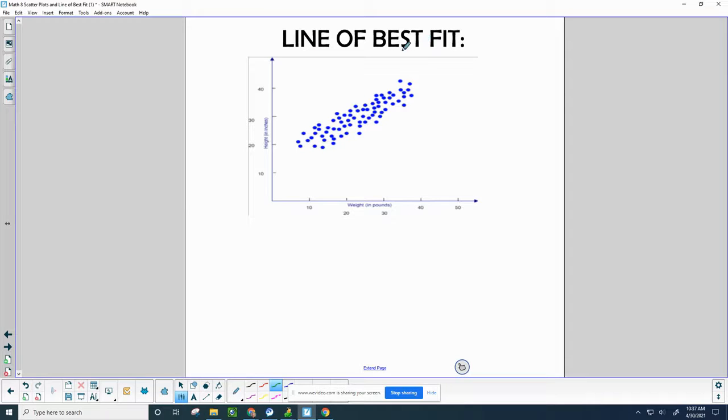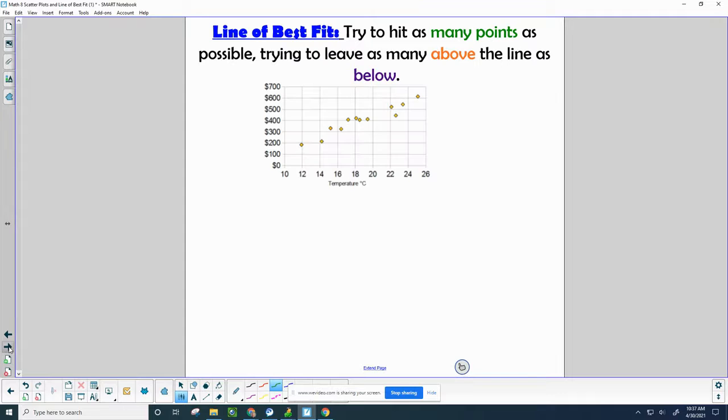So the line of best fit is basically a straight line that approximates the data that you see in a scatter plot. You can see all these dots, they seem to be clustered together along a generalized linear pattern here.